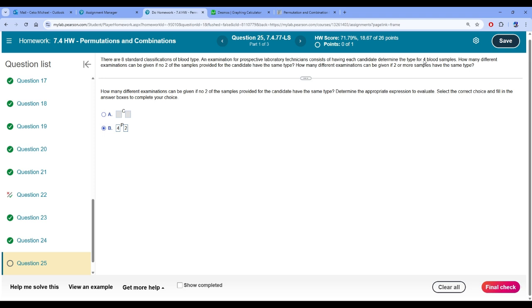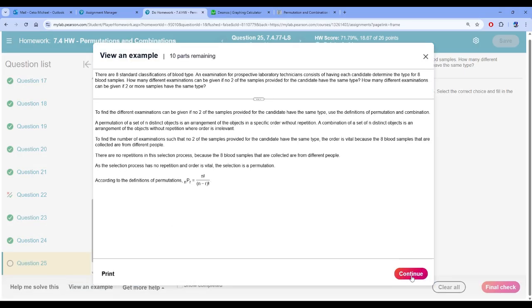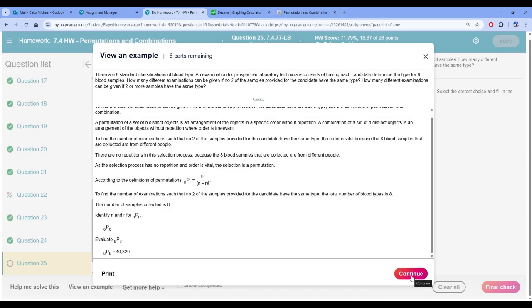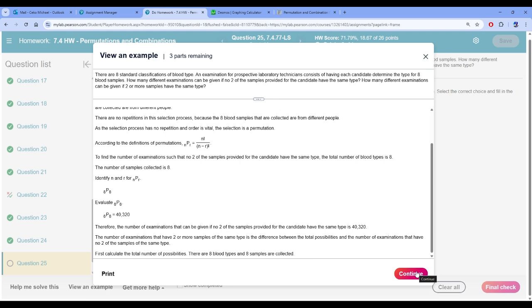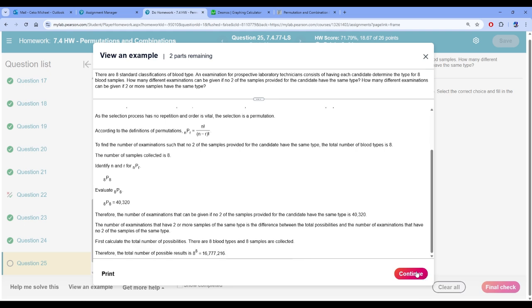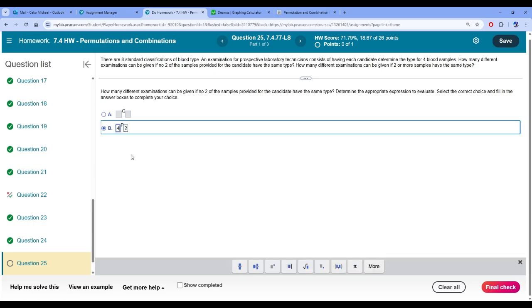And the type for 4. Permutation. Whoa. So then this one would be 8P8.